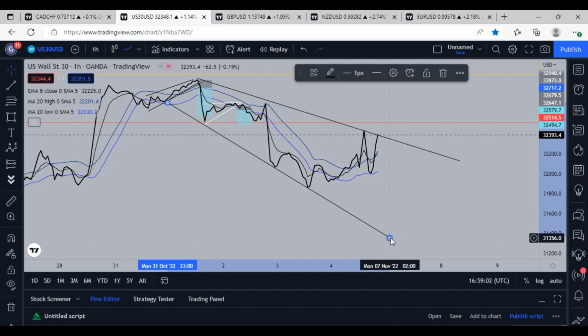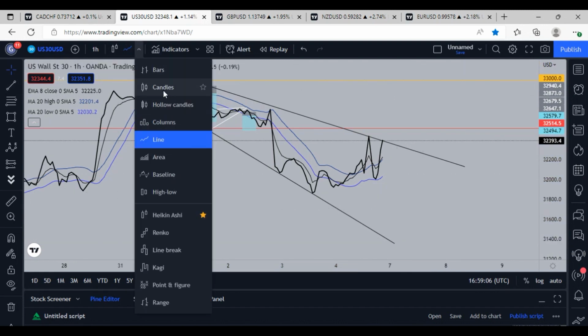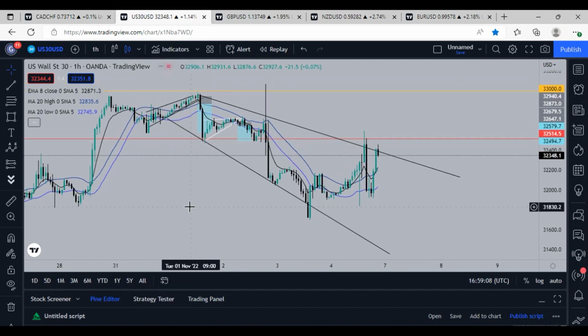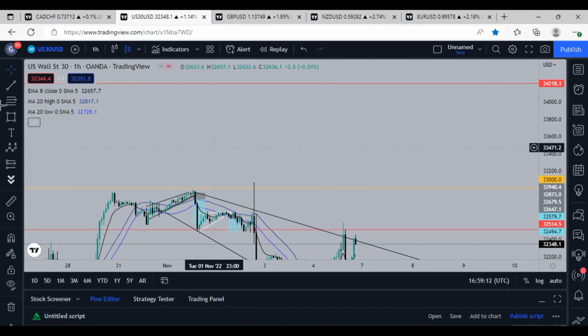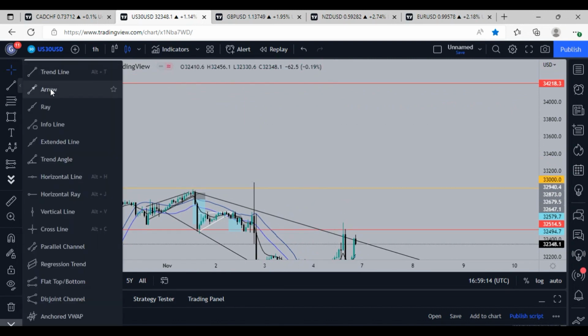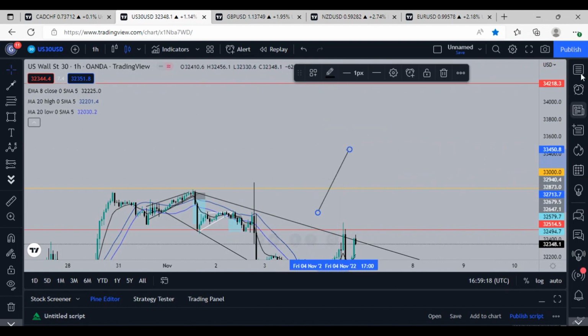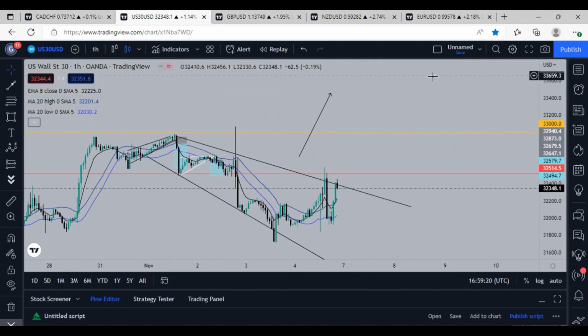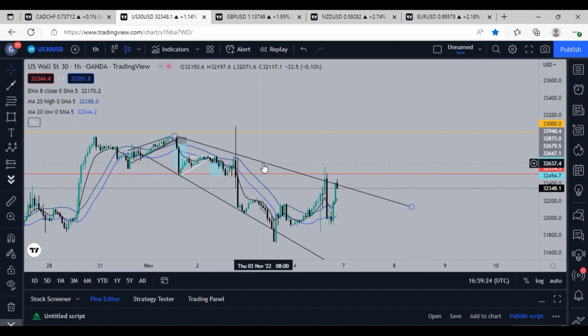Yeah, price could do that because we have a trend over there. And perhaps price can now decide to continue buying all the way to this resistance level. So we will look into the week and see what we can do there. But let me just break down these trades that I took.